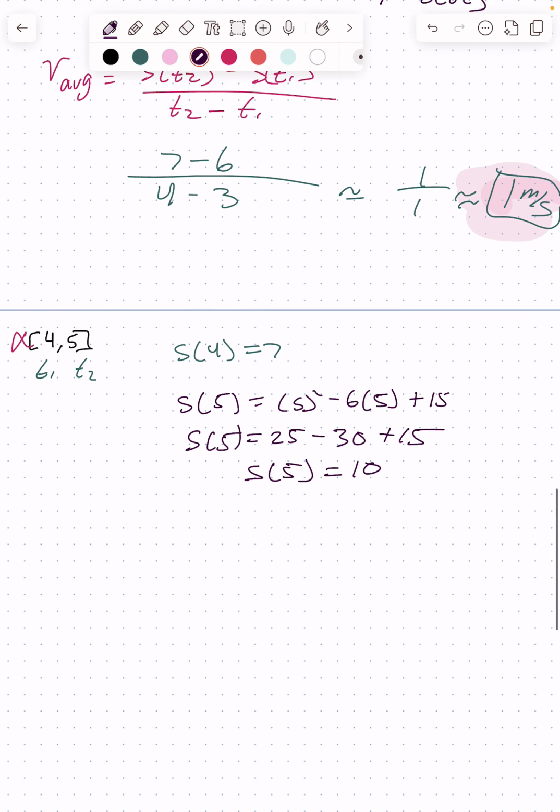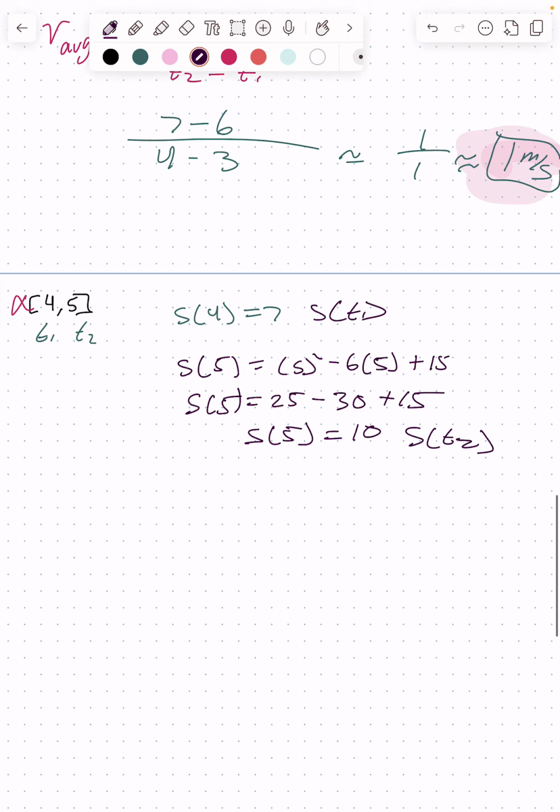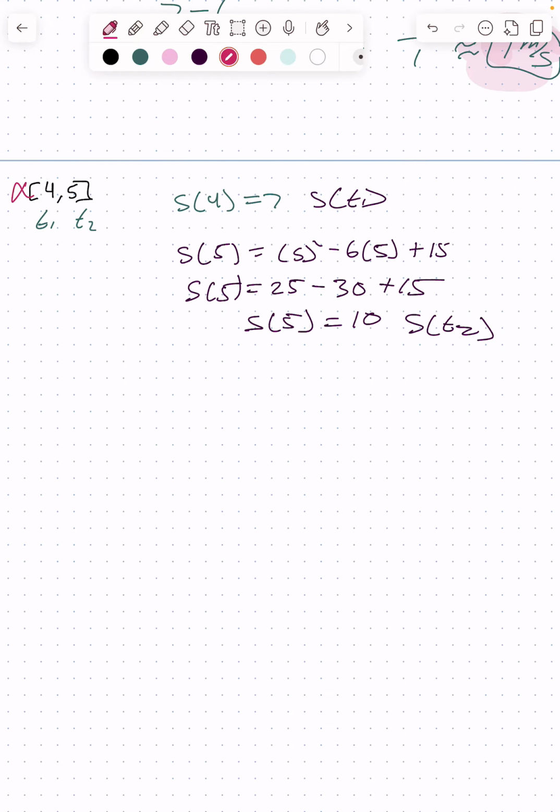So now we're going to use that average formula, and I'm going to identify these real quick. So remember, this is S of T1 and this is S of T2. So our formula says S of T2 minus S of T1 and then T2 minus T1.